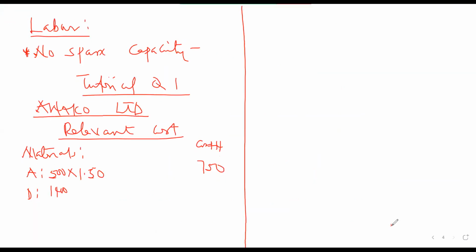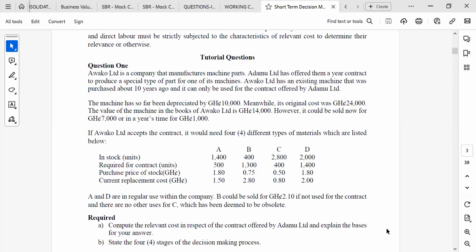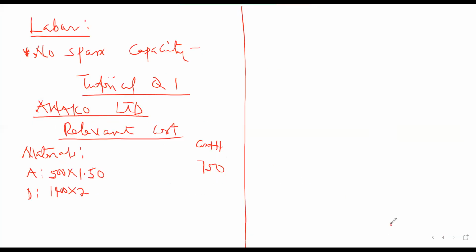So after taking them, we have to replace it because we use it regularly. So we have to make it the 2,000 again. How do we do it? We have to go to the market and buy it at the replacement cost, which is 2. Yes. Okay. So that will give us 2,800. Am I correct? Yes. Okay.